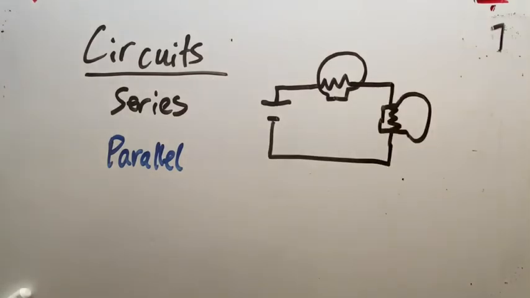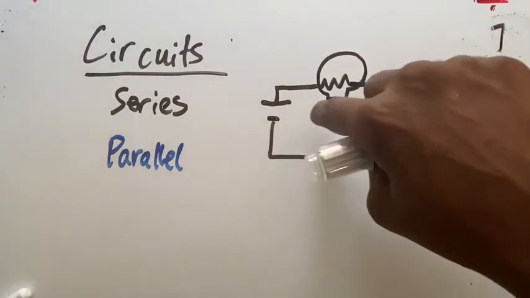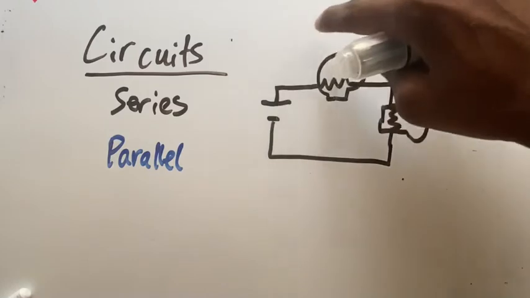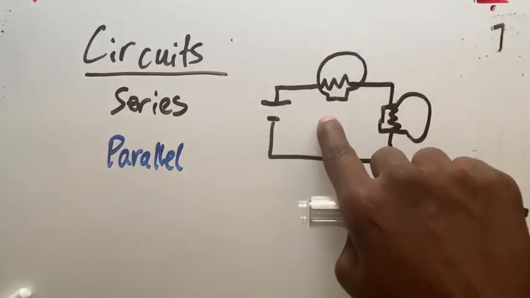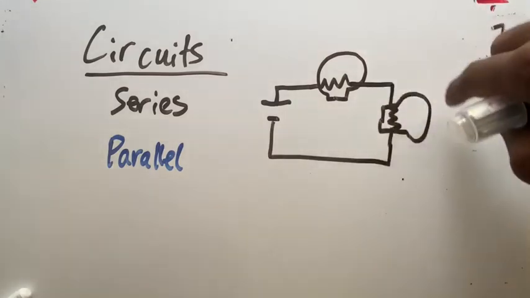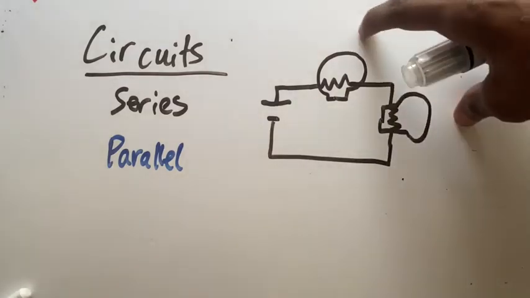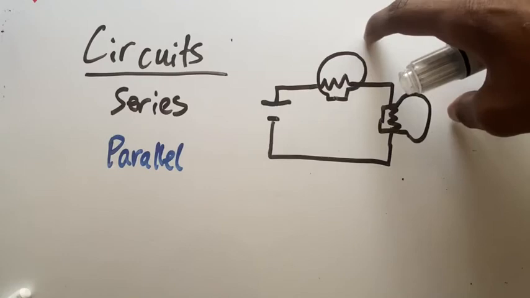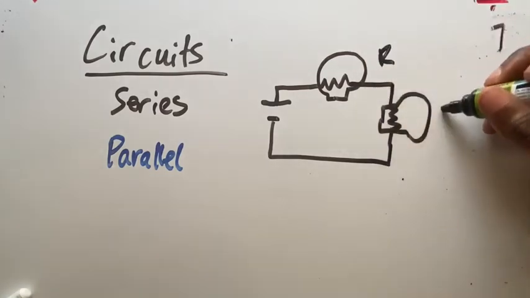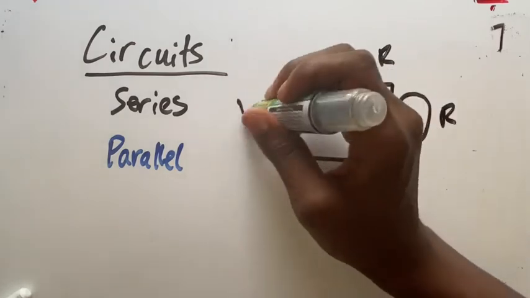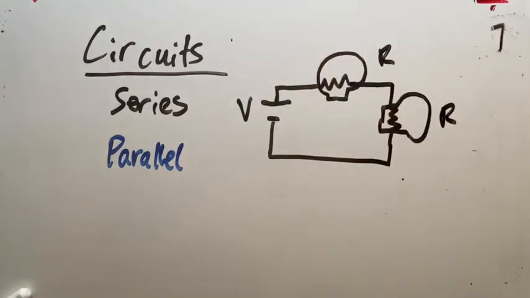So notice how there's basically only one line going through this circuit here with 2 light bulbs. And these light bulbs are basically indicating our resistors. This has some resistance R, this has some resistance R, and here's our voltage V over here.